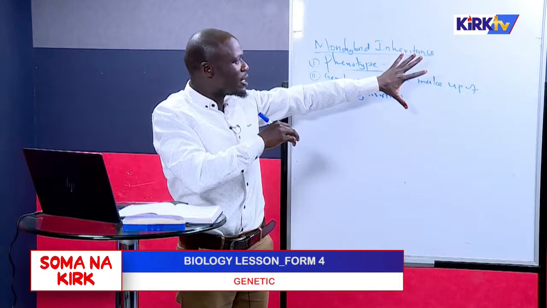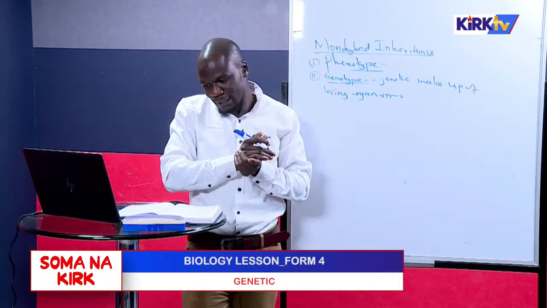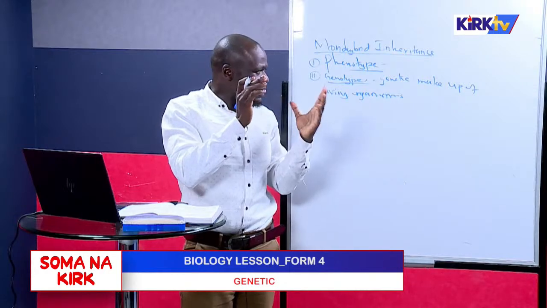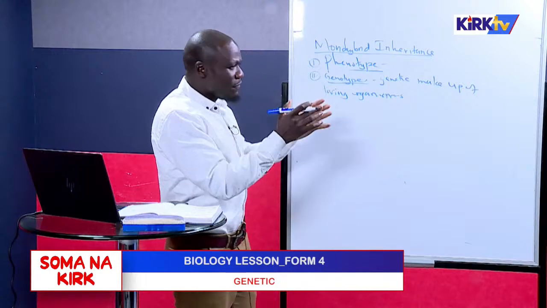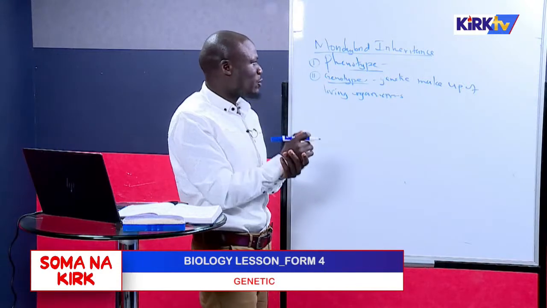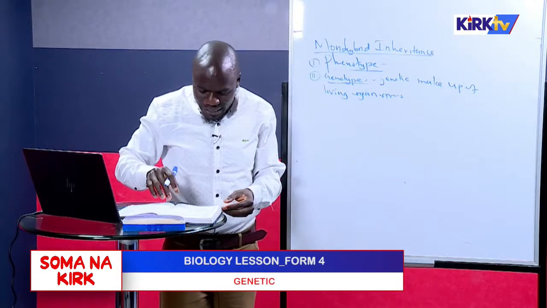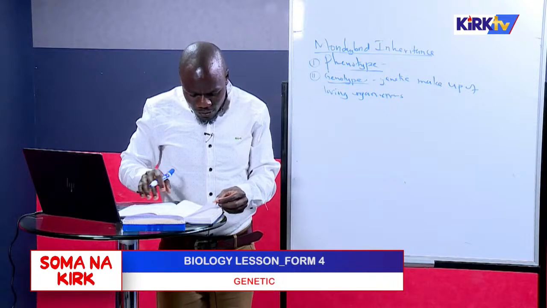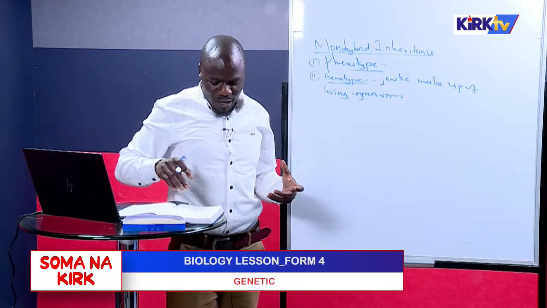That one we are going to see when we are doing the genetic crosses and the rest. But in this concept of monohybrid, before we do the genetic crosses, there's also a very important thing that we should be able to know. There are those things that must be there in carrying out a genetic cross.